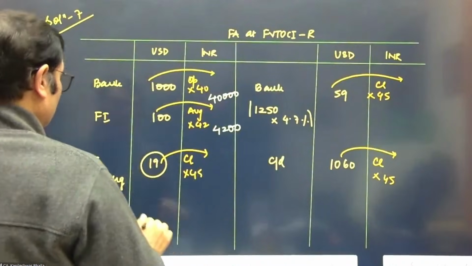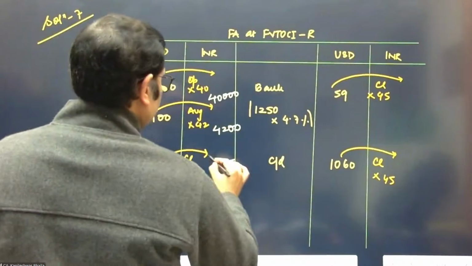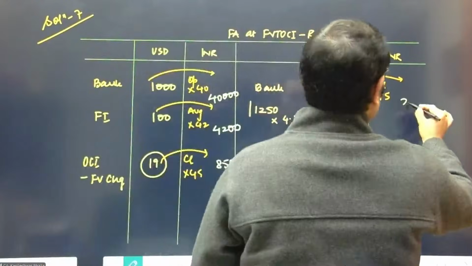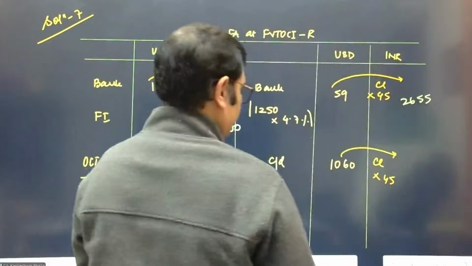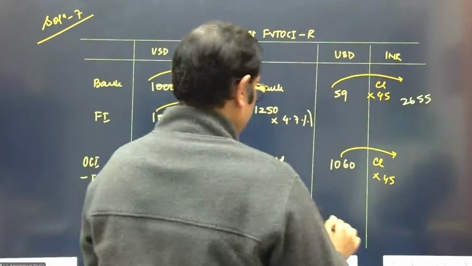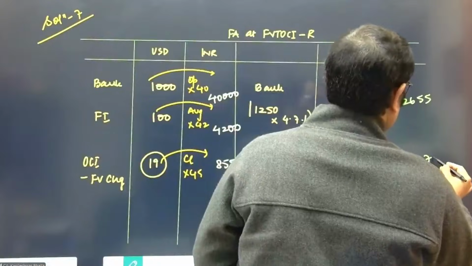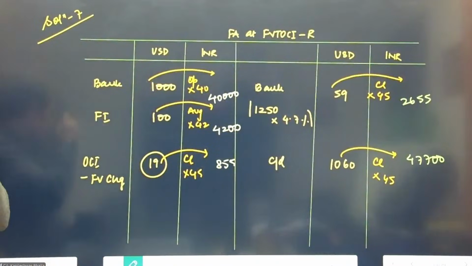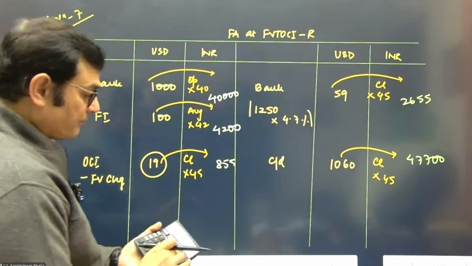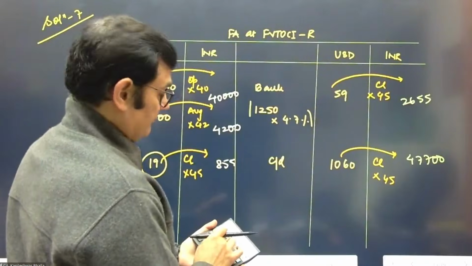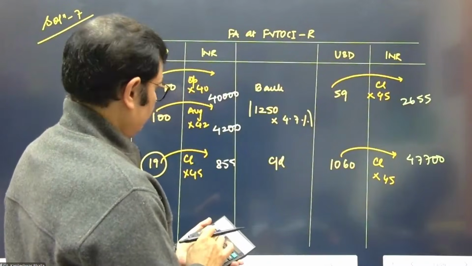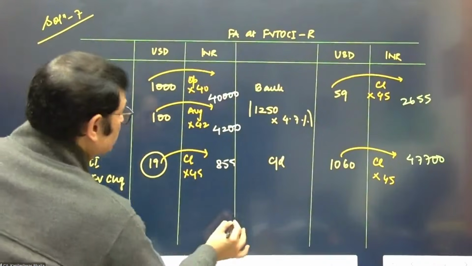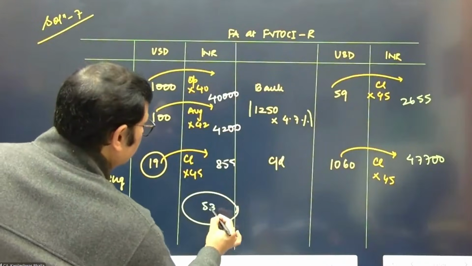And this comes to 855. This comes to 2655. That is 47,700. And I think now we can get the balancing figure, which is on account of foreign exchange gain loss. I guess we're getting a balancing figure on the debit side, that is 5,300.